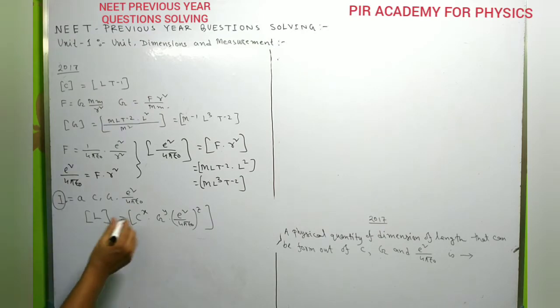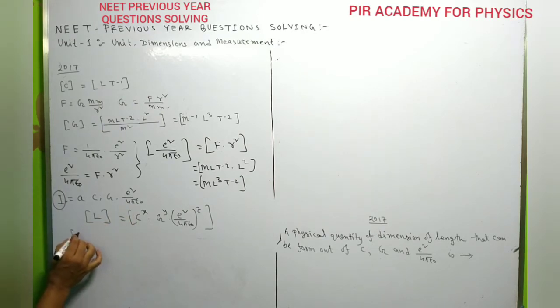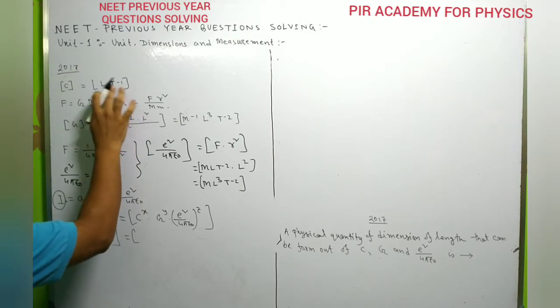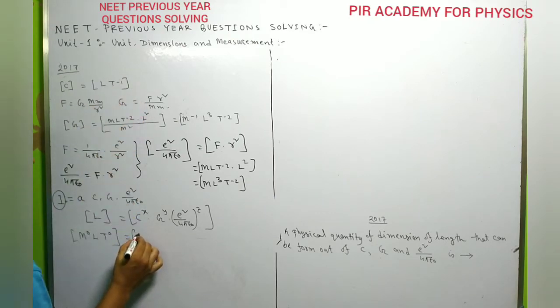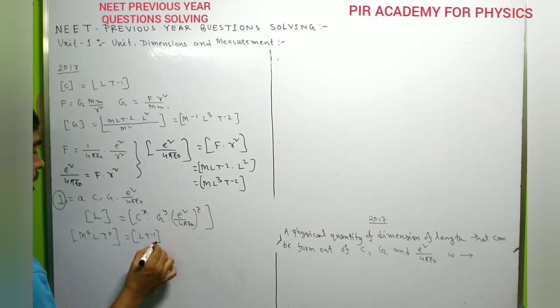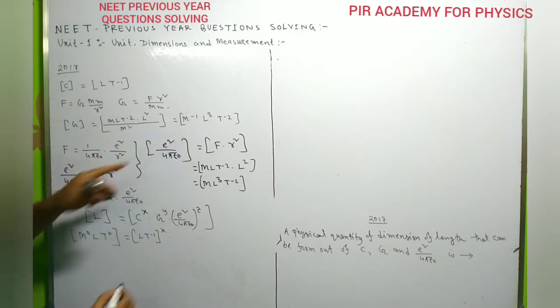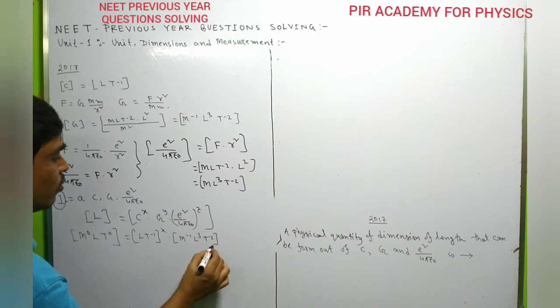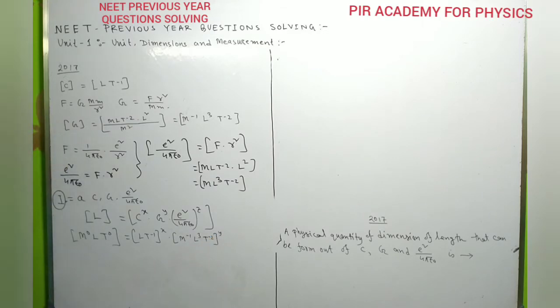Now the dimension here can be written as M to the power 0, L, and T to the power 0. Now the dimension of c is L T to the power minus 1, so L T to the power minus 1 whole to the power x. The dimension of G is M to the power minus 1, L cubed and T to the power minus 2, whole to the power y.